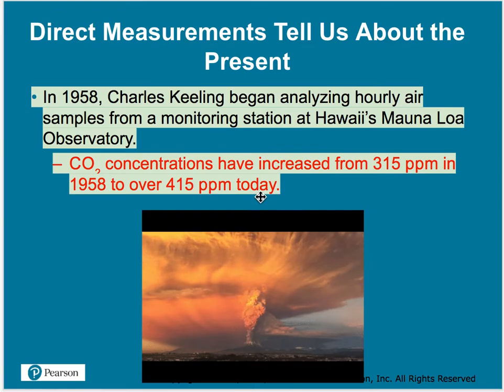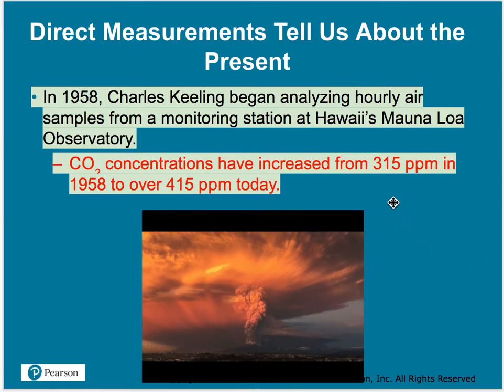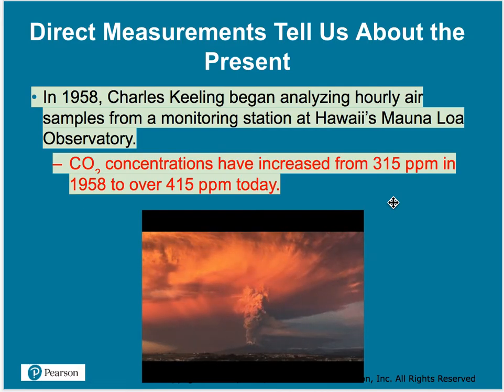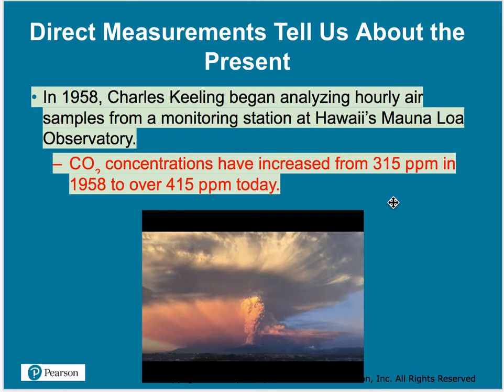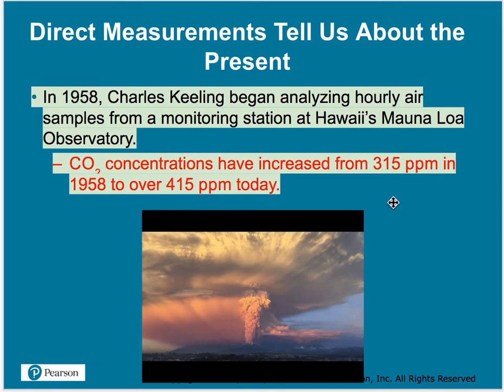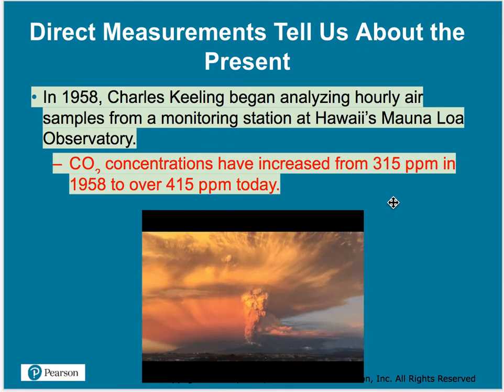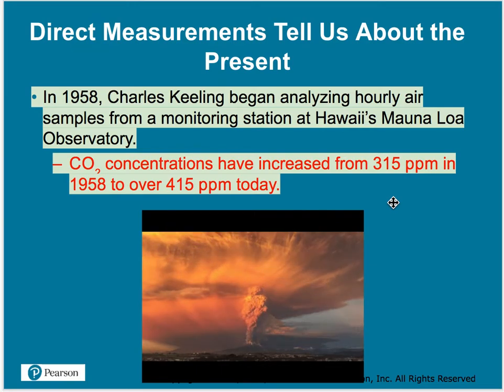Those ice cores are studied and preserved, and scientists can see what existed and compare it to what we are seeing now. Another direct measurement that scientists take is by using different monitoring stations to find out what the atmosphere is like in different places. I put a picture of an erupting volcano. Mauna Loa is on the Big Island of Hawaii, and it is the tallest mountain on Earth, from the base of it to the top.